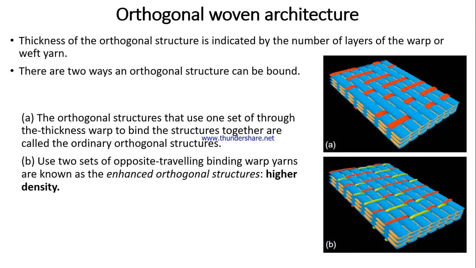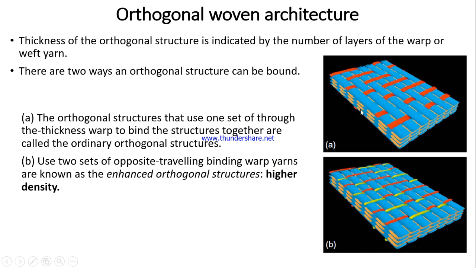Now, what is orthogonal woven architecture? How will the fabric look? You can see these two diagrams, A and B, where the orthogonal woven architecture has been shown. You can identify there are three colors of the weft in the first figure A: red, blue, and this brown one. The thickness of the orthogonal structure is indicated by the number of layers of the warp or weft yarn.